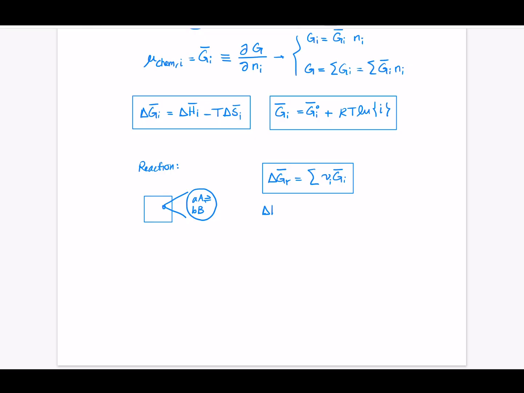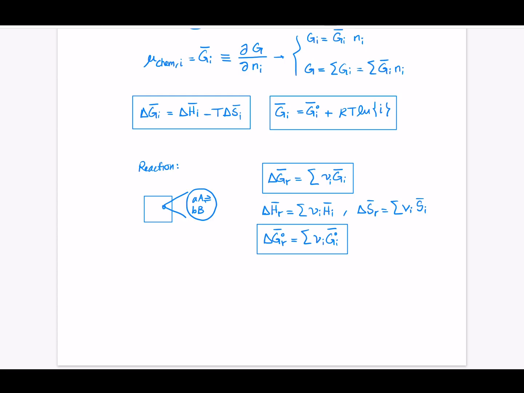Then the same thing applies for delta H of reaction, and delta S of the reaction would be how we combine the individual species to make the reaction variables. And then we talked about the fact that this would be the same for delta G of reaction at the standard condition, the same for delta H and delta S. So again, the same logic applies.